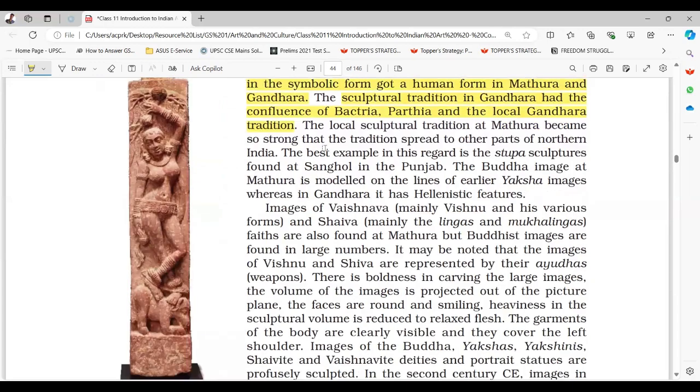The local sculptural tradition at Mathura became so strong that the tradition spread to other parts of northern India. The best example in this regard is the stupa sculptures found at Sanghol in the Punjab. The Buddha image at Mathura is modeled on the lines of earlier Yaksha images, whereas in Gandhara it has Hellenistic features.